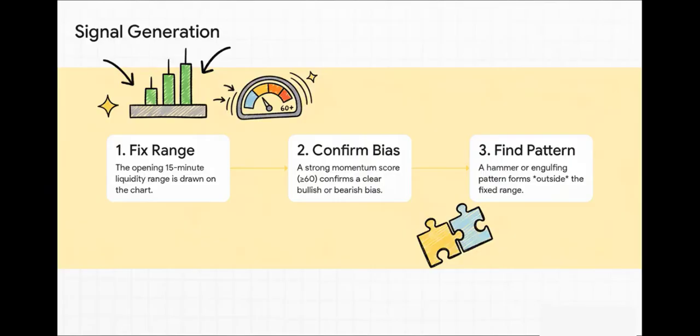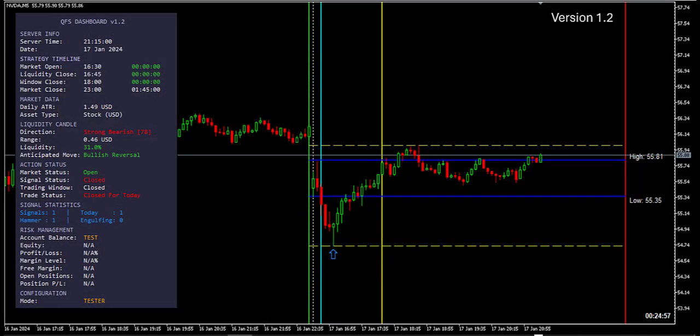Second, that momentum score needs to hit 60 or higher. We need to see a strong bias in the market. And then, finally, the system starts looking for a very specific reversal pattern, like a hammer candle with a long lower tail, or an engulfing candle that completely swallows the one before it. And the key is, this pattern has to form outside of that initial range. That's what suggests a really powerful rejection of that first move.